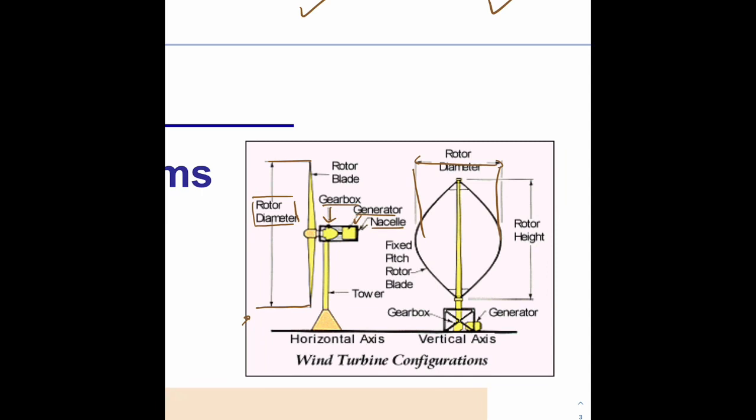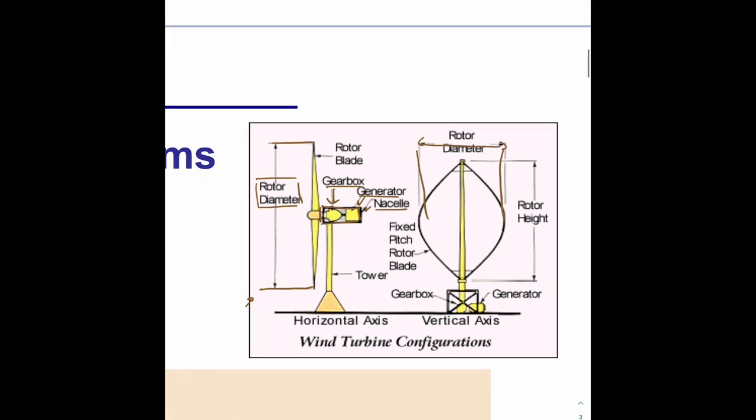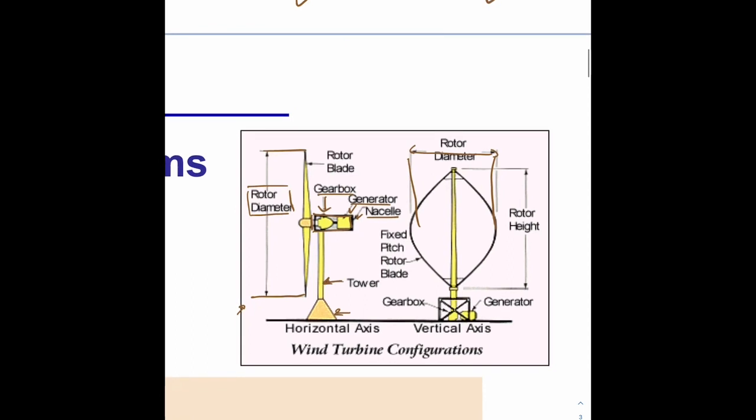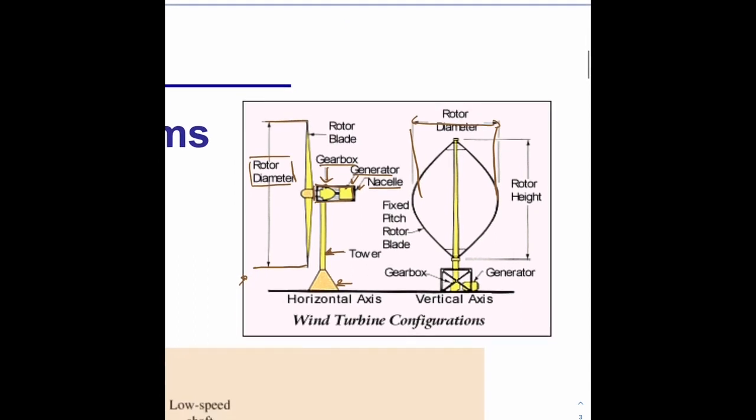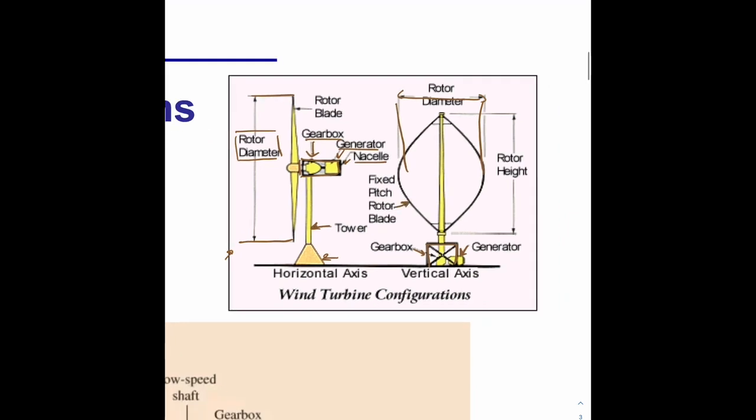The nacelle holds the gearbox and the generator. We have the tower, and obviously the foundation. In the vertical axis turbine, we have the generator and the gearbox at the bottom. And here are the fixed pitch rotor blades. And here we have the rotor height.